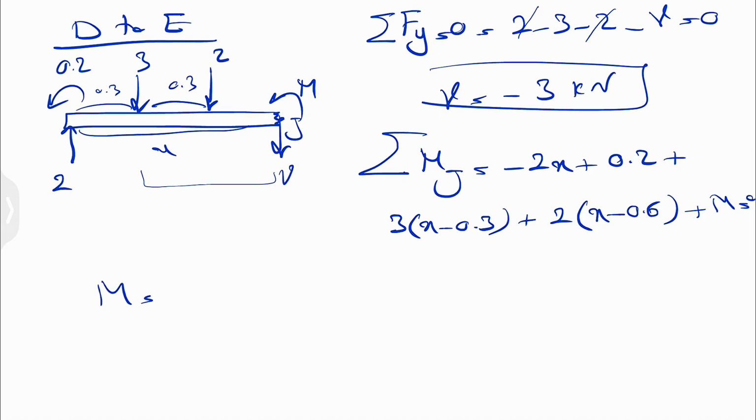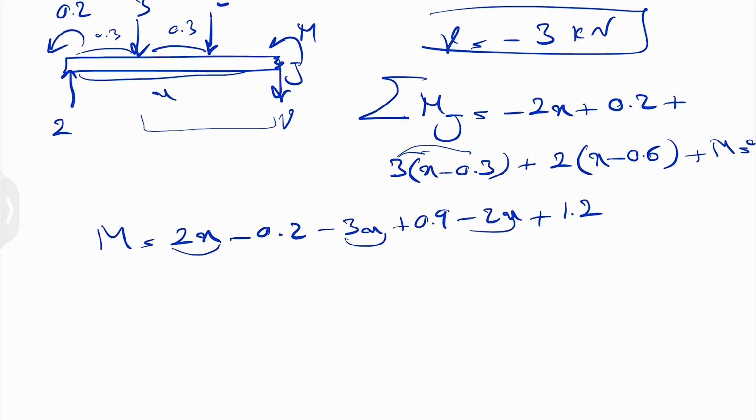So our m here would be, if we bring everything to the other side, the sign will change. So 2x negative 0.2. I'm just going to multiply these. Negative 3x plus 0.9 negative 2x plus 1.2. And yeah, that's it.